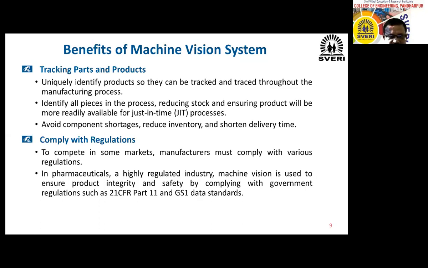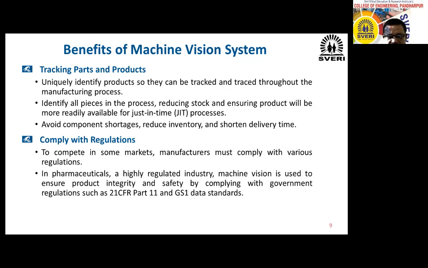Then tracking parts and products: uniquely identify products so they can be tracked and traced throughout the manufacturing process, identify all pieces in the process, reducing stock and ensuring product will be more readily available for just-in-time processes, avoid component shortages, reduce inventory, and shorten delivery time.